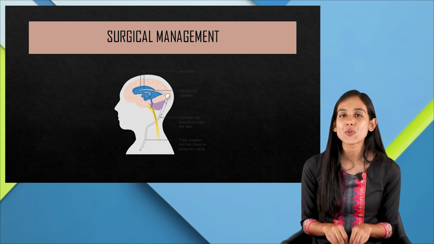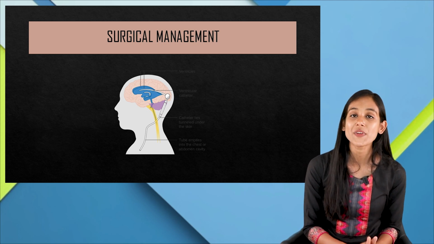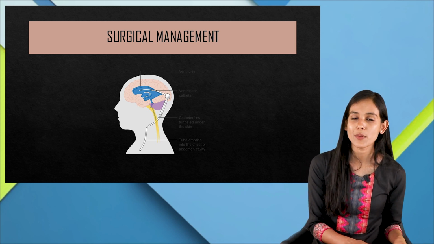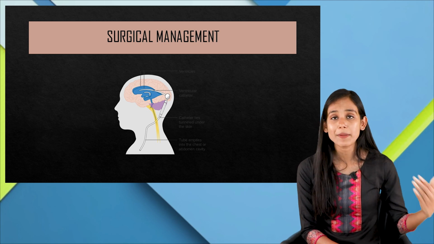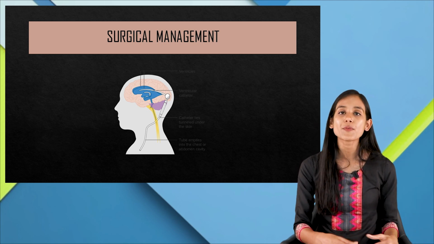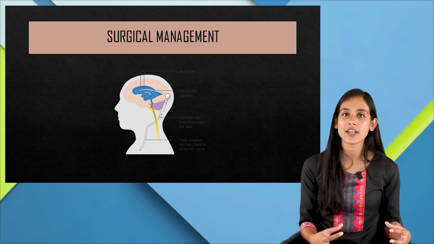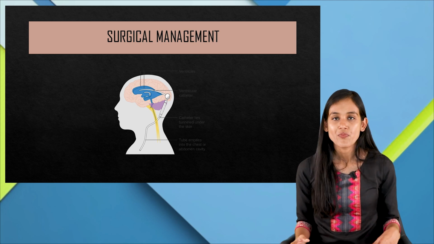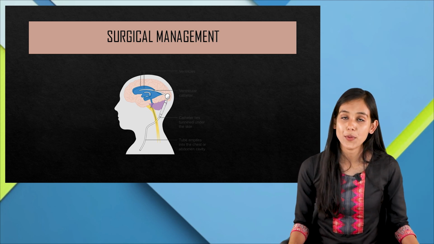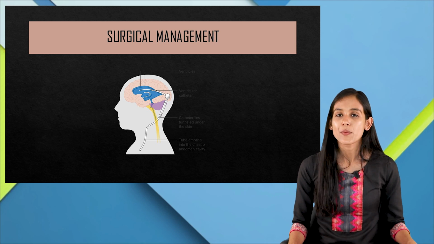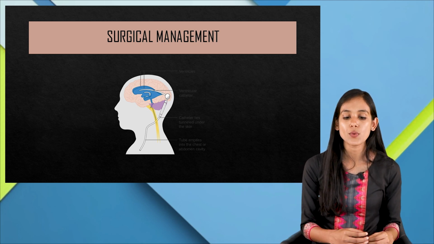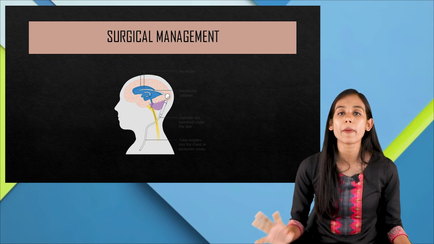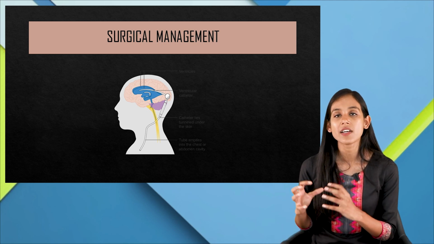So what we basically do in surgical management is divert the flow of the CSF, right? As we have a problem with the absorption, or it might be that there is overproduction of CSF, instead of leaving it there and letting it accumulate, we divert the flow. Whatever accumulation is there, with the help of this shunt we direct the flow of the CSF from the ventricles to the other parts of the body where the CSF can be absorbed.